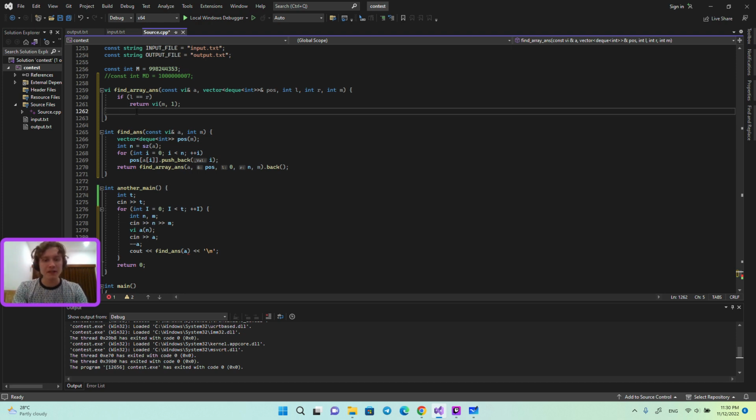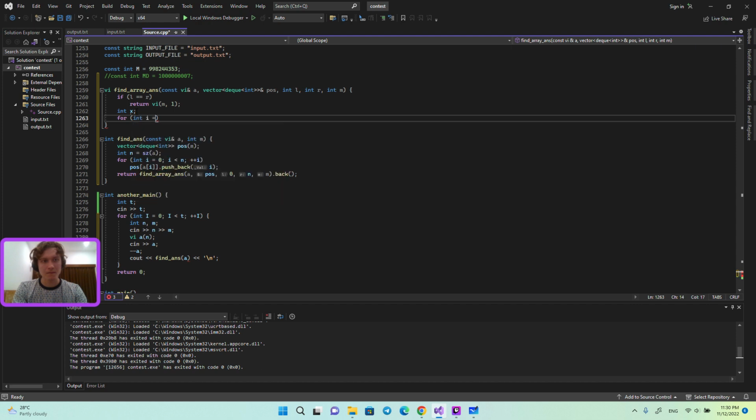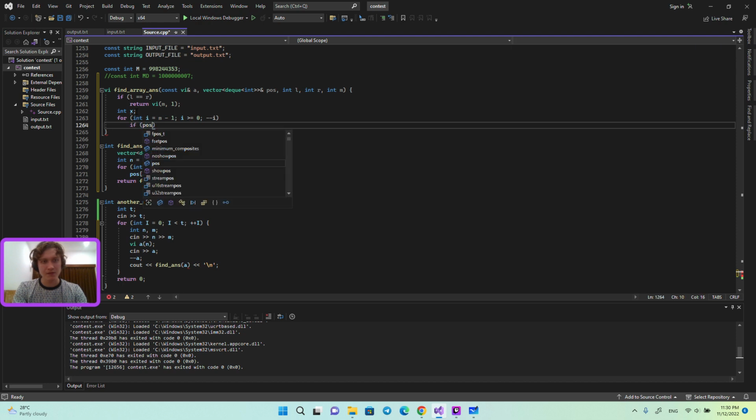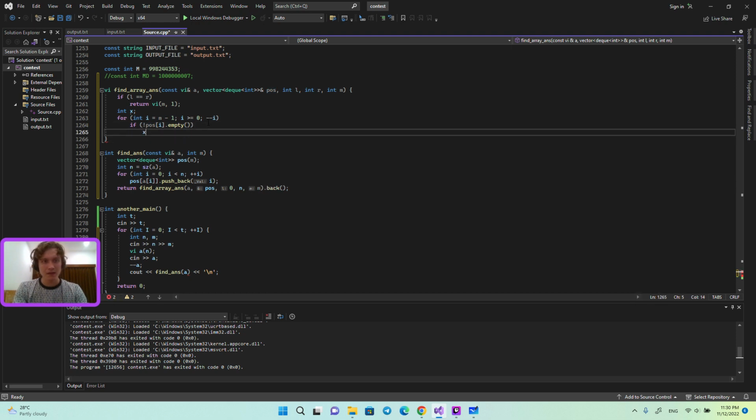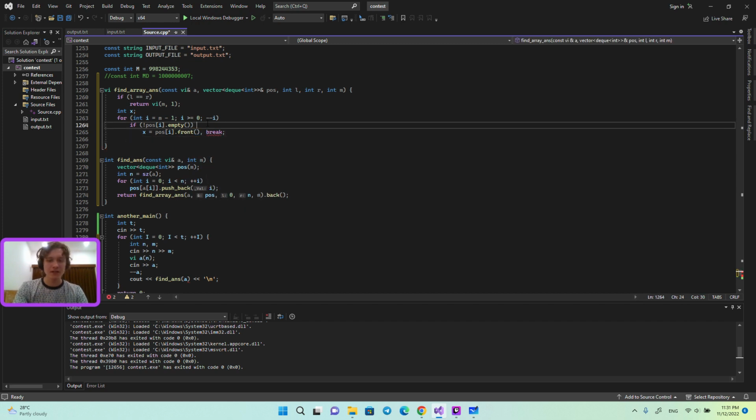In this case, we can find the maximum. So if pos E is not empty, then x equals pos I dot front and break. No, I cannot do it.